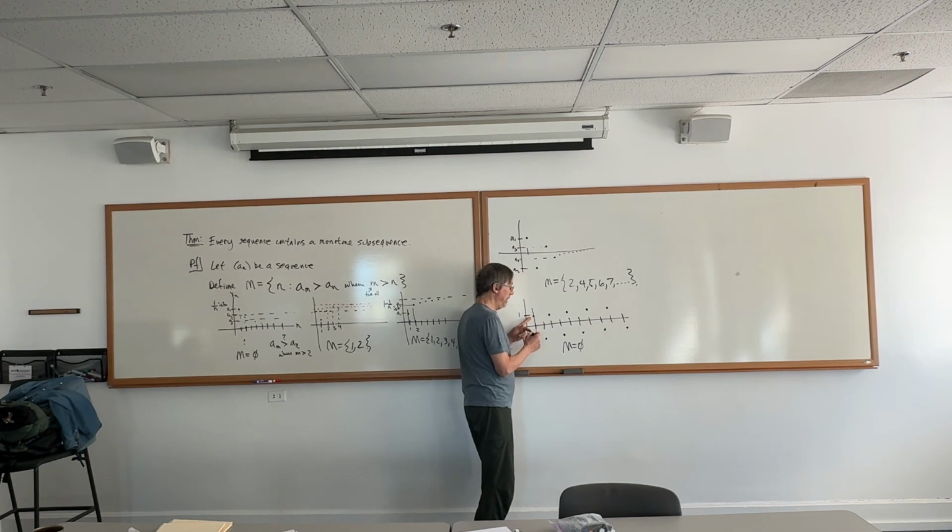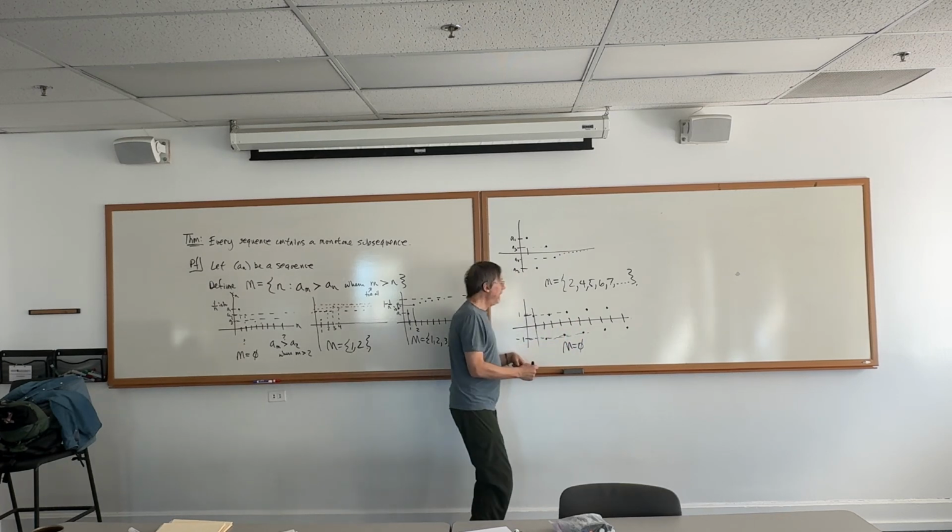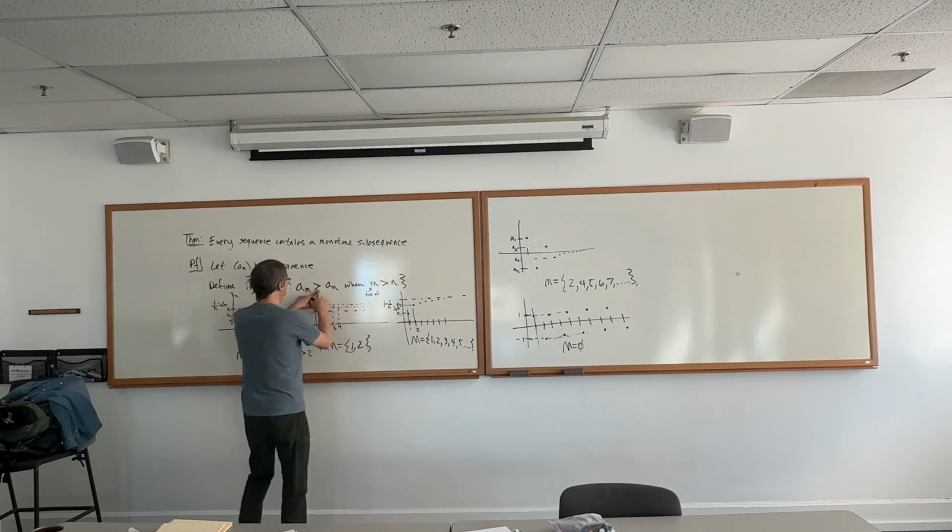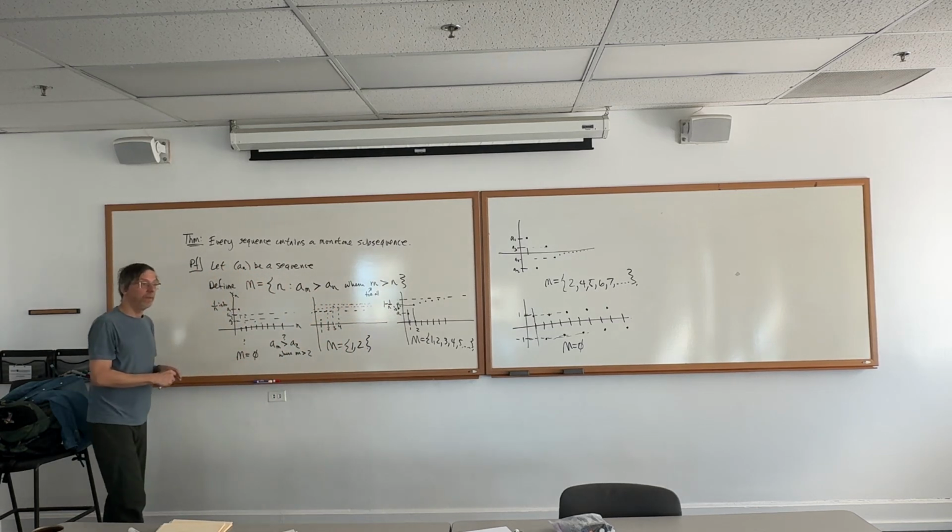No. To my right is everything above this level? No. To my right is everything above this level? Nope. A lot of stuff is at my level. And here we're defining this to be strict inequality. So M is empty.